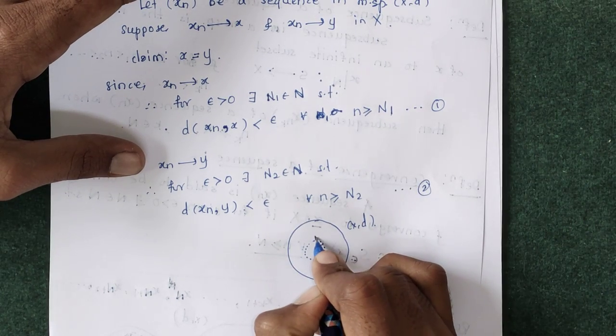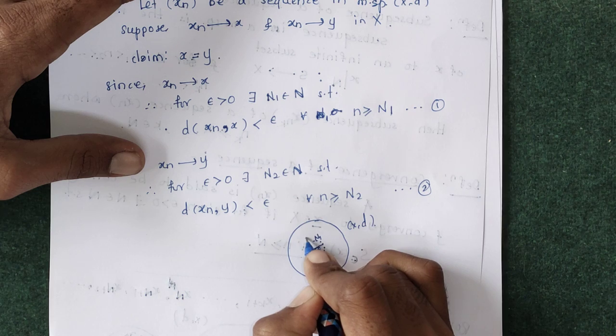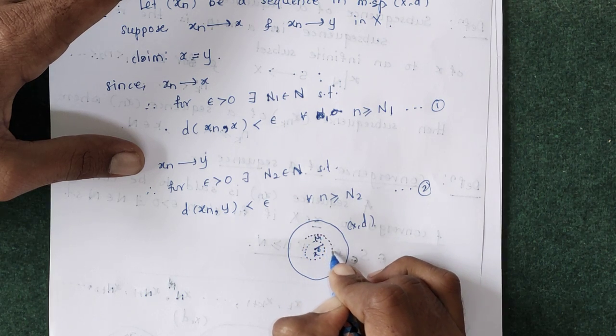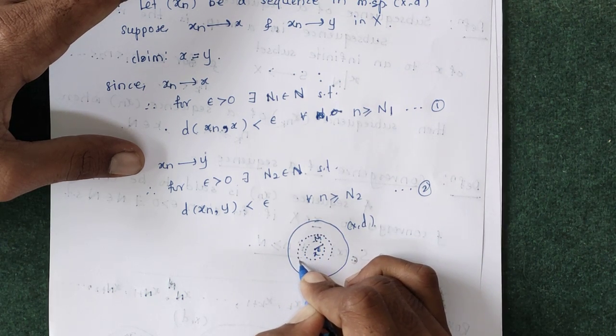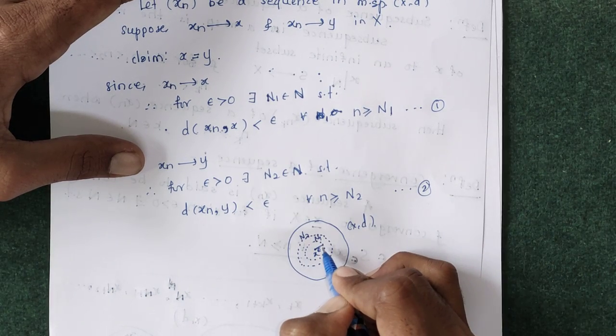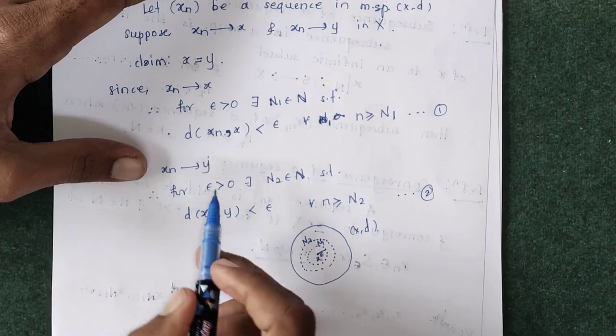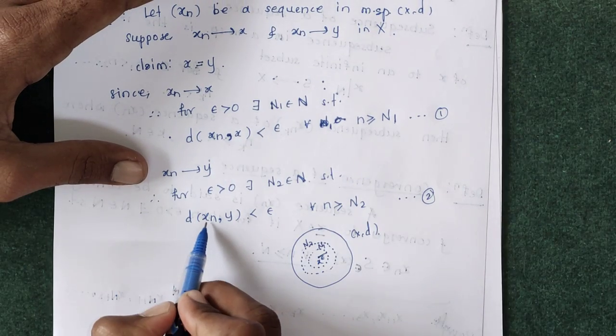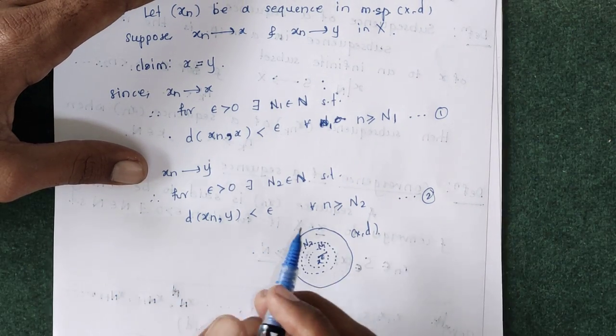So suppose this is n1 for the first case and this is n2 for the second case. Then the distance between xn and x is less than epsilon, and the distance between xn and y is again less than epsilon.